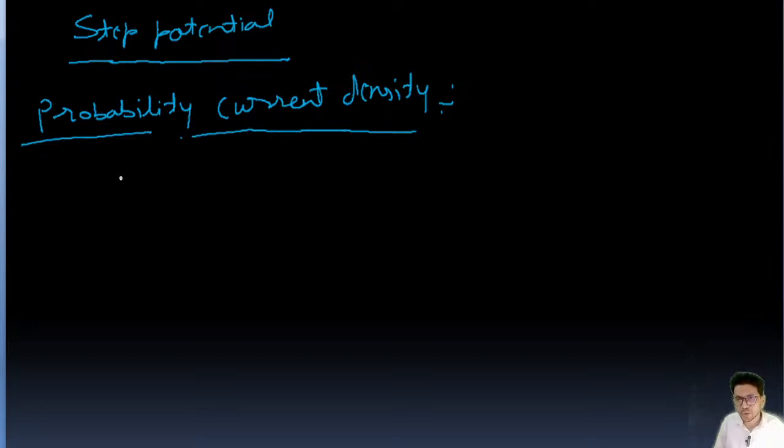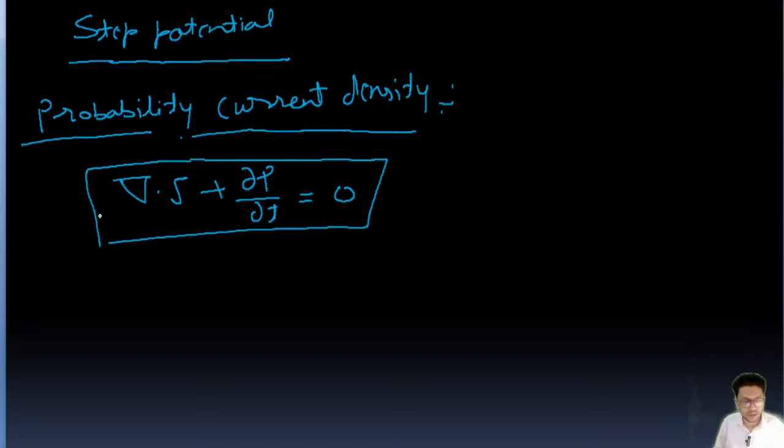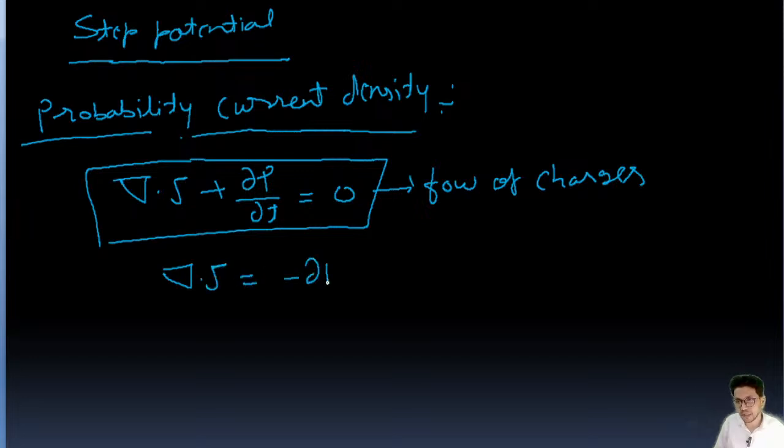So as we know, the equation of continuity: divergence of J plus del rho upon del t is equal to 0. This is called the equation of continuity, or we can say the equation for flow of charges. From here we can write divergence of J equal to minus del rho upon del t.